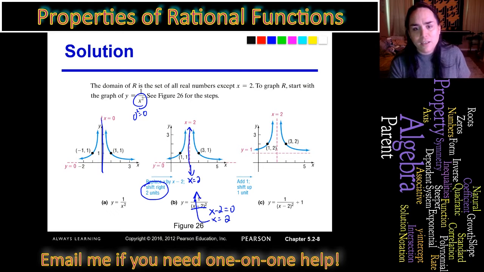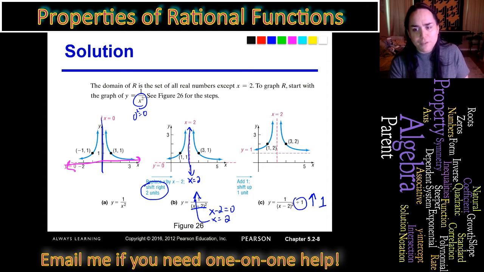Finally, I've got a plus 1 at the end. I know that's going to shift my graph up by 1 unit. So notice that I've got a horizontal asymptote at the x-axis right here.